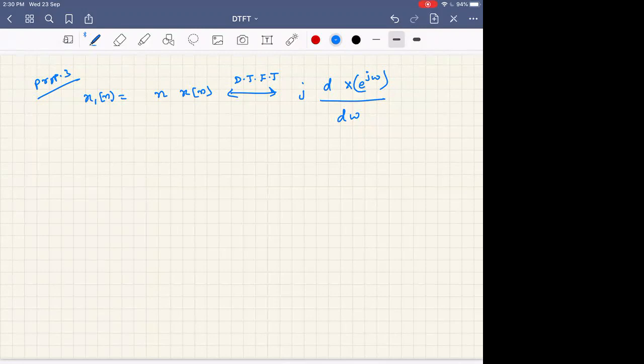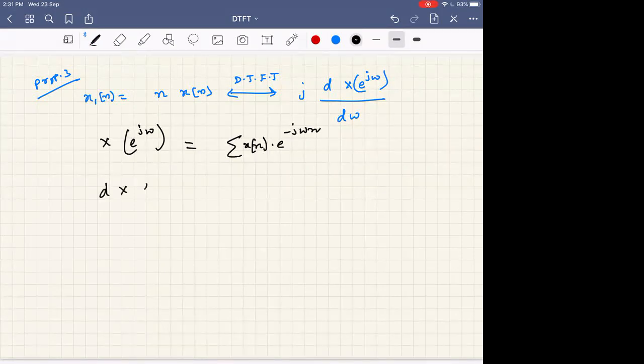By definition from the frequency domain it will be simpler, because this anyway is very clear. So x of e power j omega, you can write. In fact, we are not starting in frequency domain, we are just writing the definition.